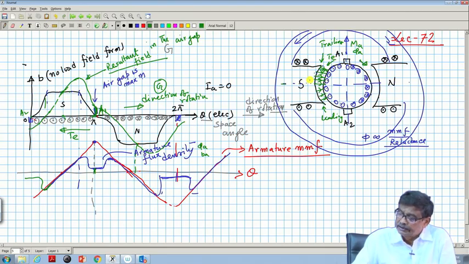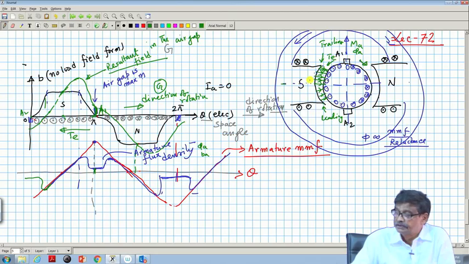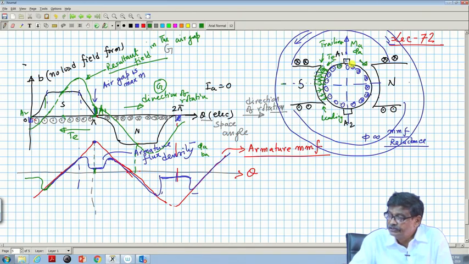In my last lecture, I told you in my qualitative part of discussion that when a conductor is this side, that is dot, and it will cross this brush, the quadrature axis, it will come over here, but the moment it goes there, it has to carry cross current, is not?